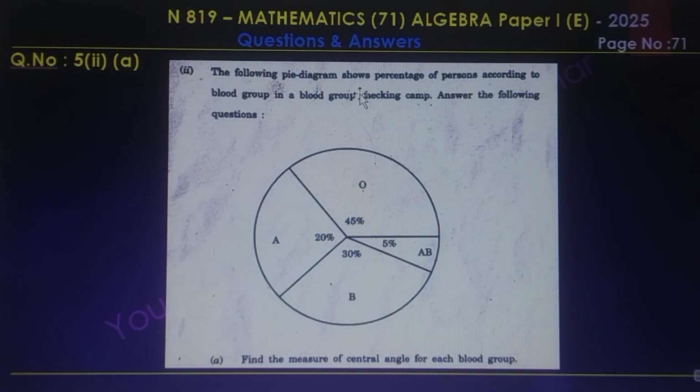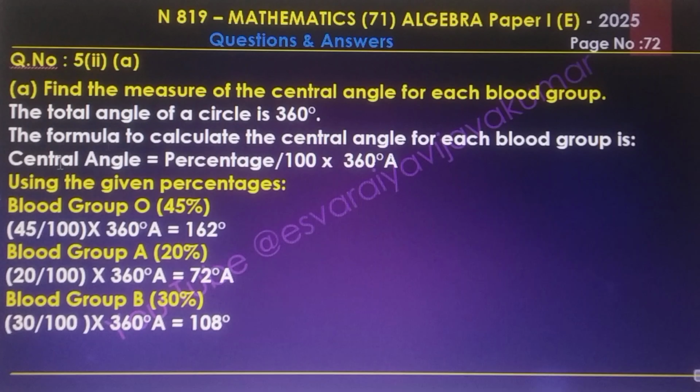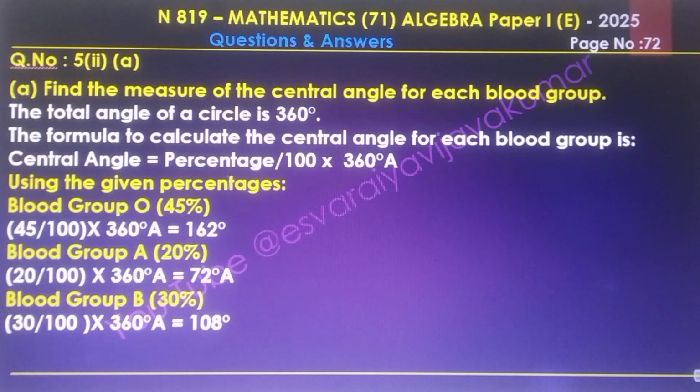The following pie diagram shows the percentage of persons according to blood groups in a blood group checking camp. Answer the following. Here, O, A, B, AB are 45, 20, 30 and 5 percent. The first question is to find the measures of the central angles of each blood group. The total angle of a circle is 360 degrees. The formula for calculating the central angle of each blood group is central angle equals percentage upon 100 into 360 degrees.